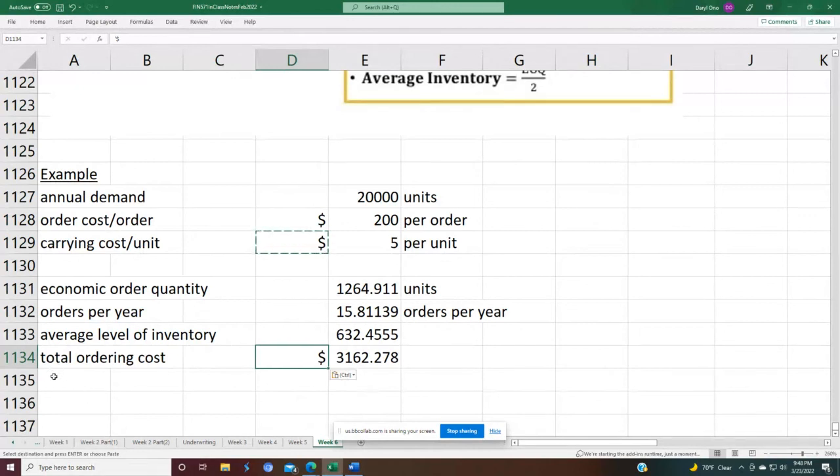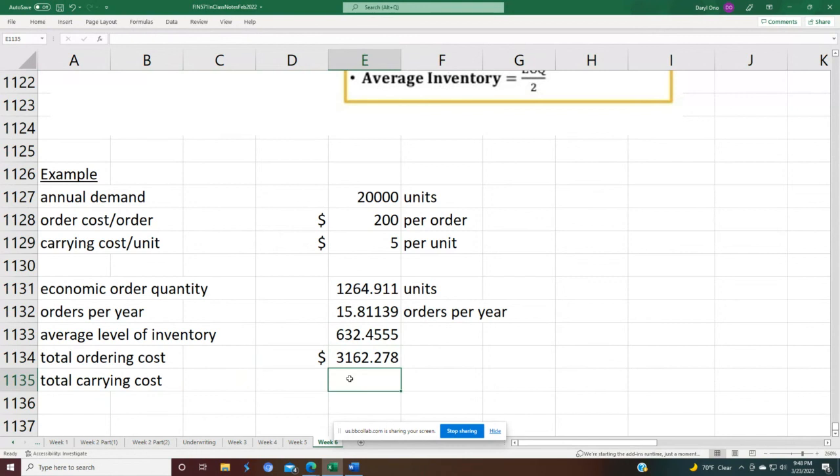All right. My total carrying costs, on average, we're going to have 632. The warehousing cost per unit is equal to 5.